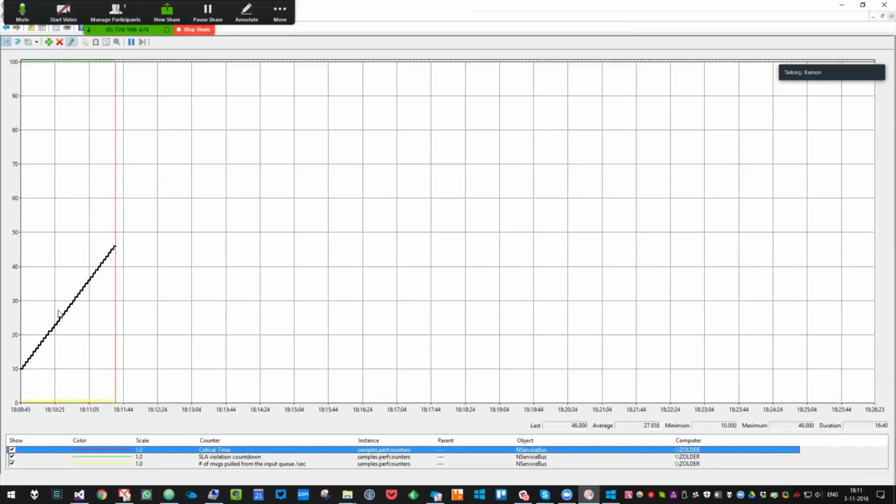So we can see the average number of messages sent to the queue. We know of the endpoint the number of messages being received per second, and we know the average duration of each message. So with that information, we are able to extrapolate that into when we cannot meet our service level agreement.